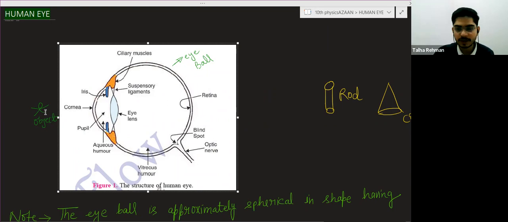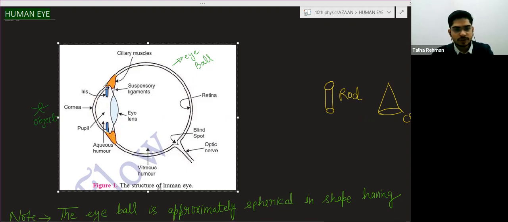So there will be light rays from this object, and the light rays will enter into the eye through the cornea. The outer surface of the cornea is convex, so it will behave as a convex lens.